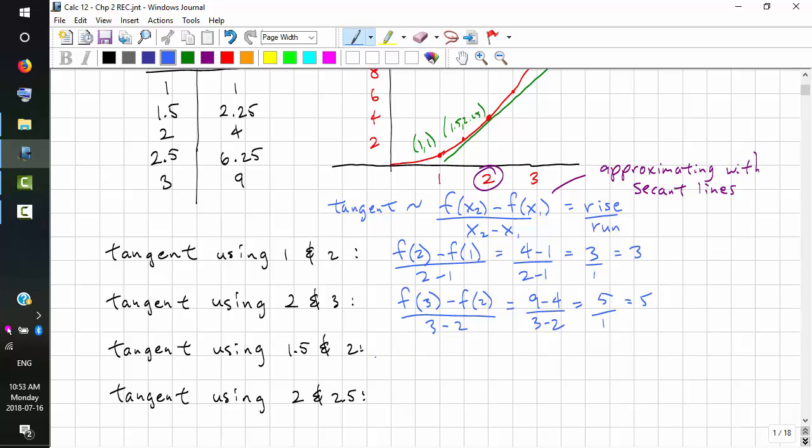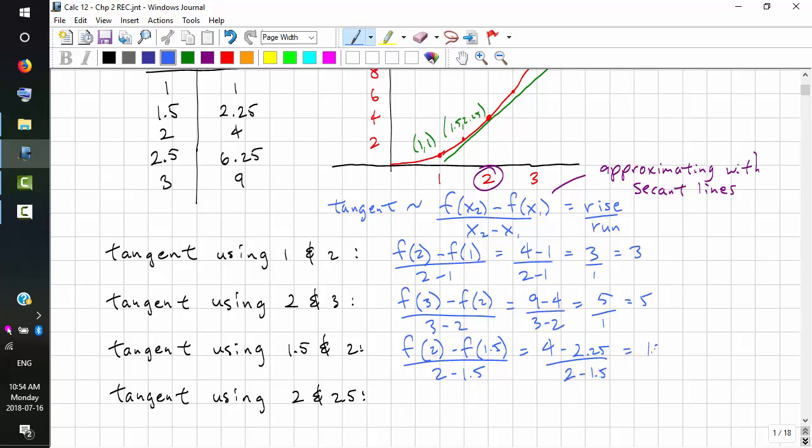Okay, let's take the closer points, 1.5 and 2.25. f of 2 minus f of 1.5 over 2 minus 1.5. We get 4 minus 2.25 over 2 minus 1.5.